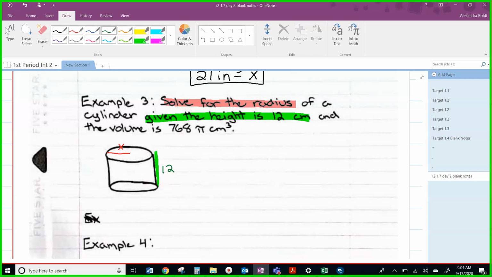So now I'm finding the volume of this cylinder. So I'm going to start with the volume formula for a cylinder. Well, volume equals pi r squared times height. Again, I'm going to fill in what I know. Do I know the volume?